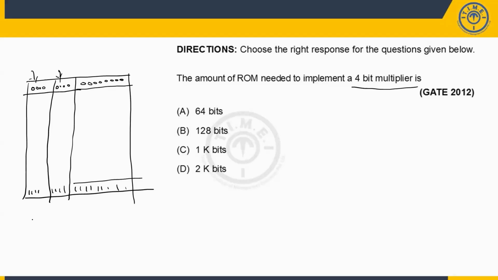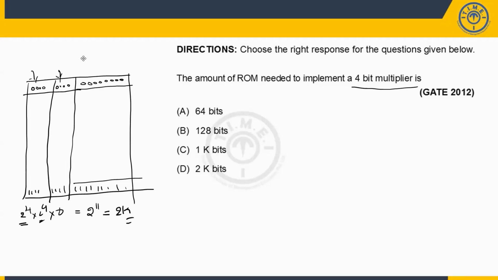This is 2 power 4 into 2 power 4 into 8 digits, right? This is the total size of the ROM. This is 2 power 4, this is 2 power 4, and for each, we'll have 8 digits. So 2 power 4 into 2 power 4 into 8 is equal to 2 power 11. 2 power 11 is equal to 2K bits. Do you understand completely?